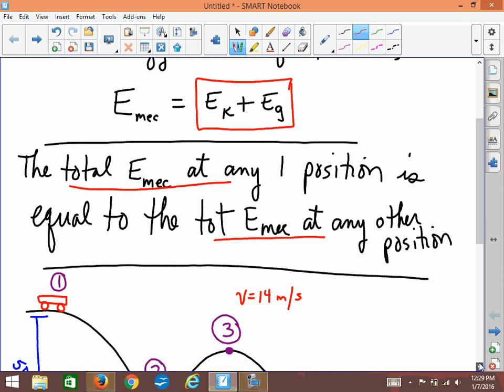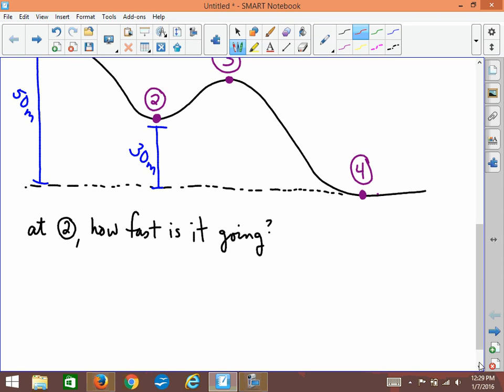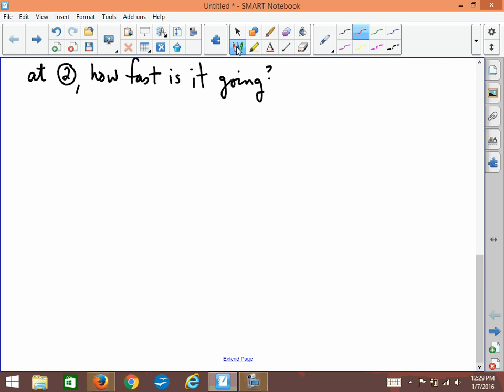Let's put it all together. This is kind of the hardest part of the problem. So we can write that the mechanical energy at position number 1 has to equal the mechanical energy at position number 2.